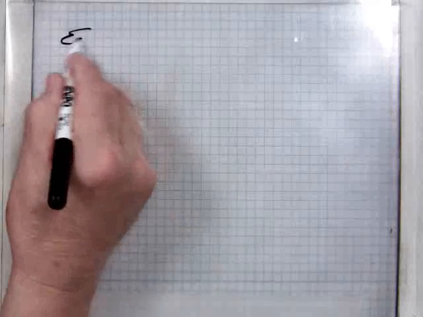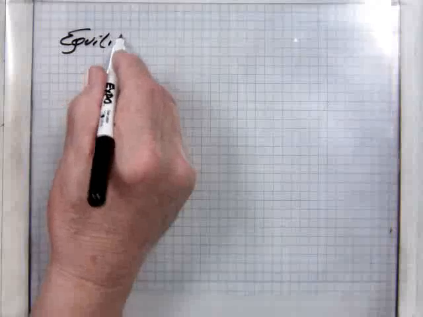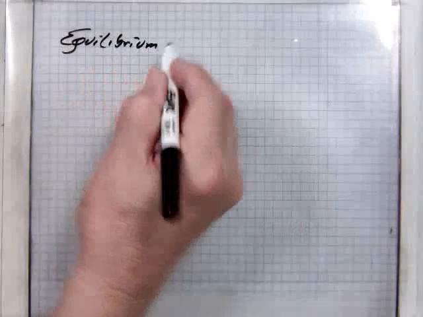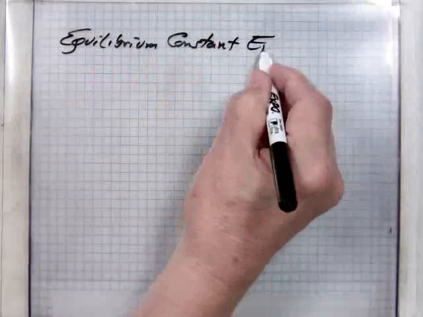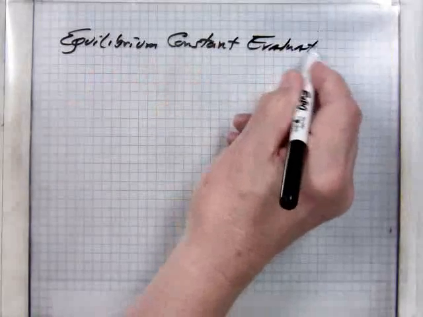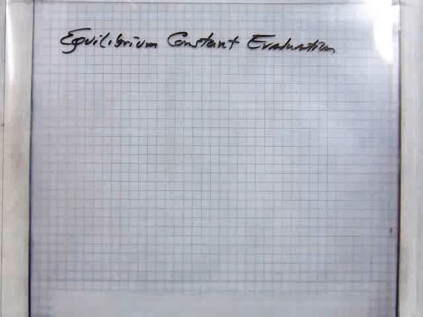Okay. Today, equilibrium constant and evaluations. So in problems 14-35, it gives you some equations and simply asks you to write the equilibrium expressions.